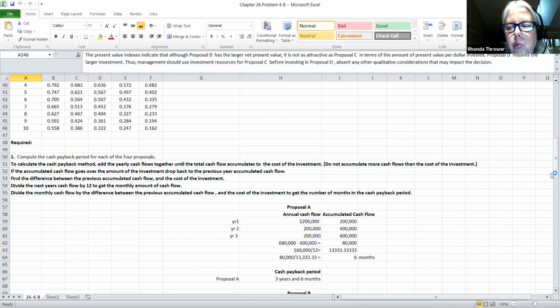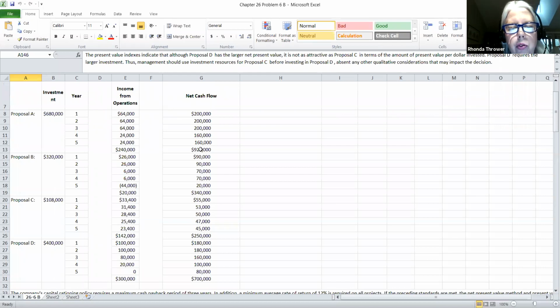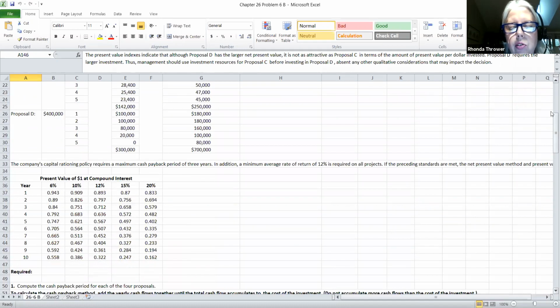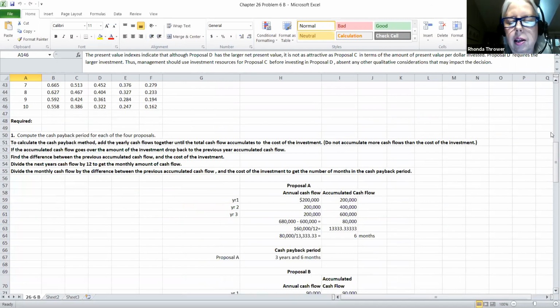In each of these proposals, we've got cash flows that were given to us, and we're going to accumulate them until they reach the 680,000, and that's going to tell us how much time it's going to take to pay back the initial cost of the investment.